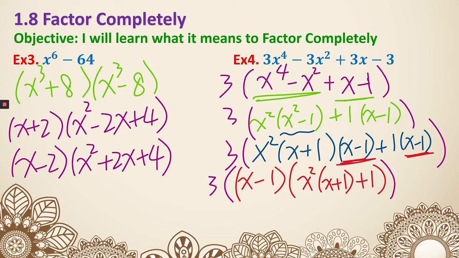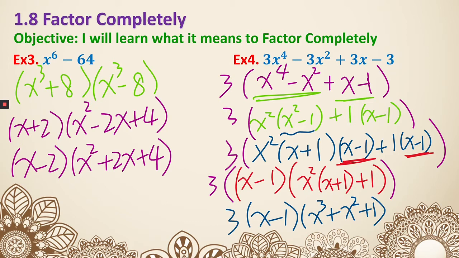But that second parenthesis has another parenthesis in there, and I do need to simplify. So that will become x squared times x, which is x cubed, then x squared times 1, which is just x squared. Then I have a plus 1 on the end, and I still have the 3 in the front. Now if I look again, there's nothing I can factor, and I'm done with example 4.